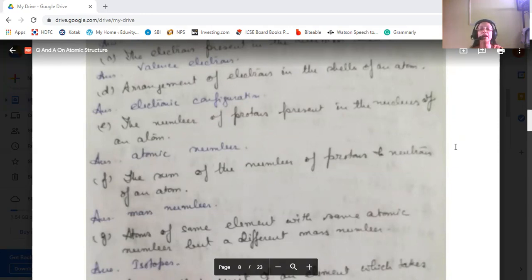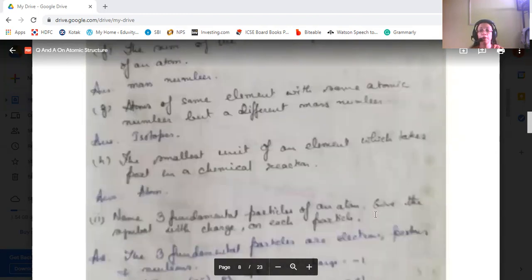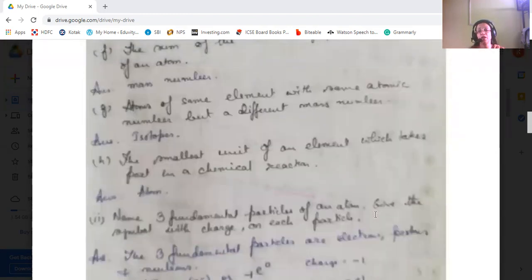Now, atoms of an element with the same atomic number but a different mass number are known as isotopes. The smallest unit of an element which takes part in a chemical reaction is known as an atom.